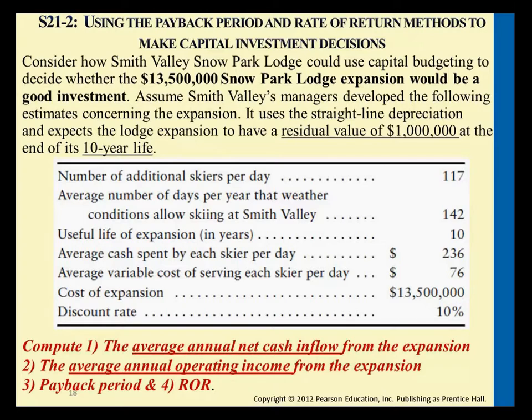Average variable cost per skier per day, $76. Cost of expansion, we just mentioned, and discount rate is 10%. So what I want you to calculate is first the average annual net cash inflow from the expansion, the average annual operating income from expansion, payback period, and the rate of return.